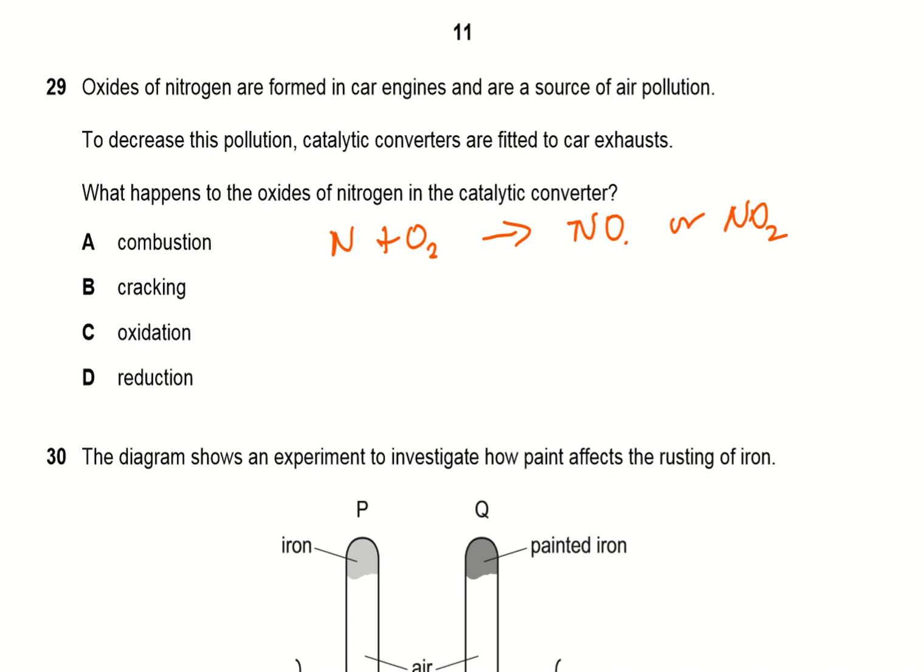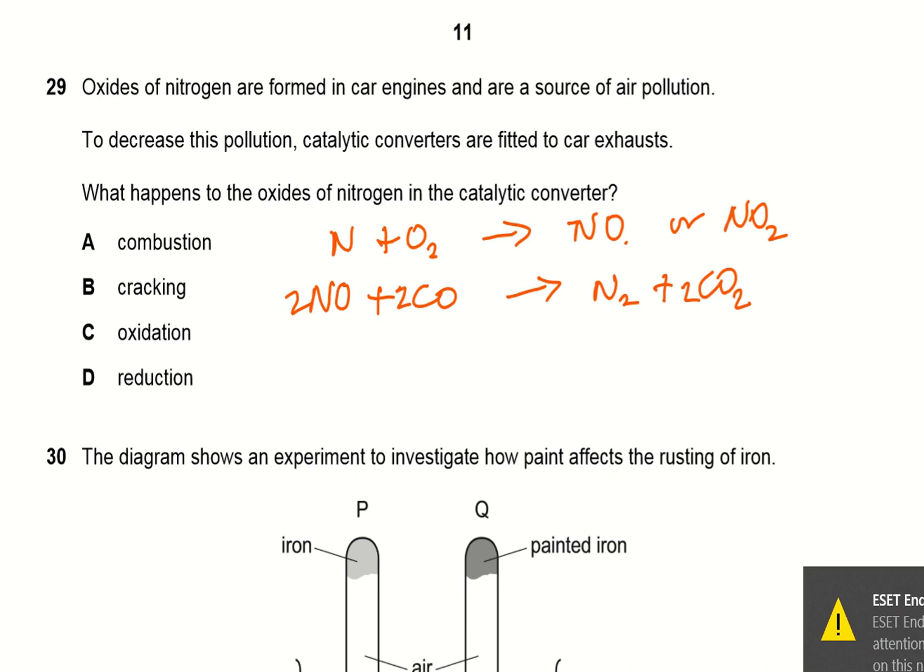So when the oxides of nitrogen are produced, how do catalytic converters take them away? Nitrogen monoxide reacts with carbon monoxide, which is also another oxide formed in the car exhaust, to form nitrogen and of course carbon dioxide. To balance this equation, you have two. So this balances the equation. Let's look at what happened to nitrogen oxide here.